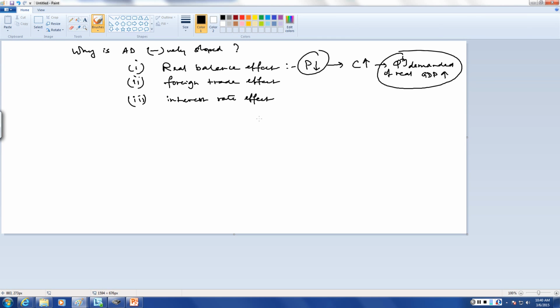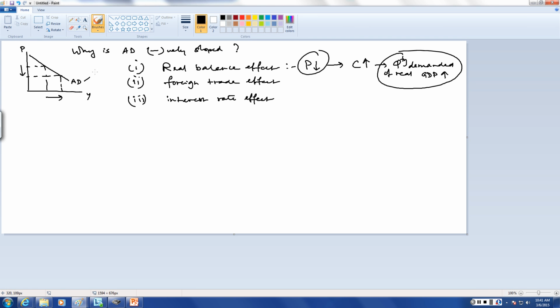Now, doesn't this explain the negative slope of the AD curve? Right? When the price level falls, the quantity demanded of real GDP rises. Who are the people who demand real GDP? Who are the ones behind this AD curve?